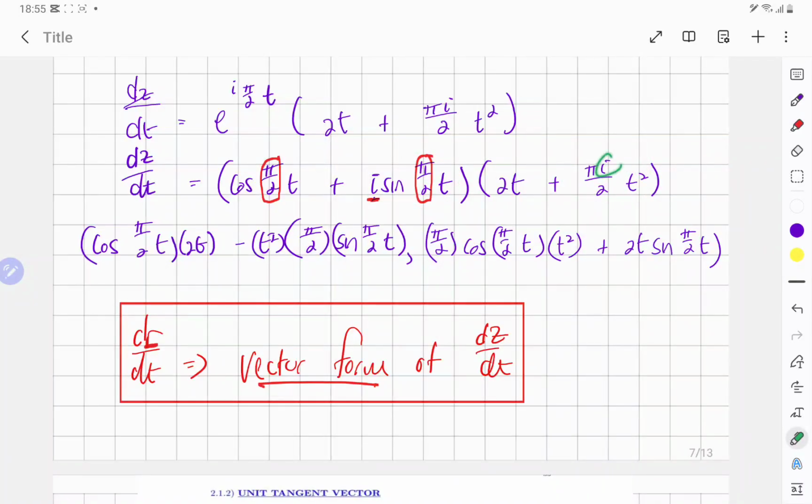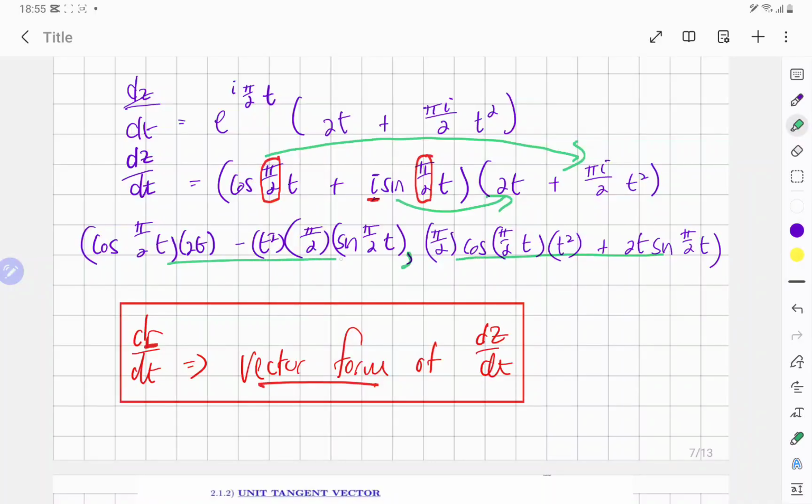Why? Because I have i squared, which is negative 1, and then I get t squared pi over 2 sine pi over 2 t. Now, recall what I said earlier. For your imaginary part, you will multiply the outside 2 and the inside 2, and you will not include the i.